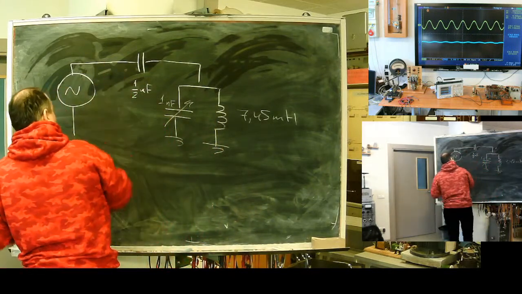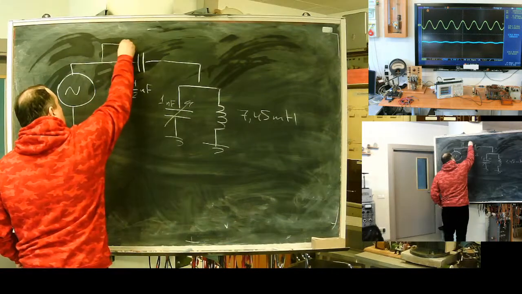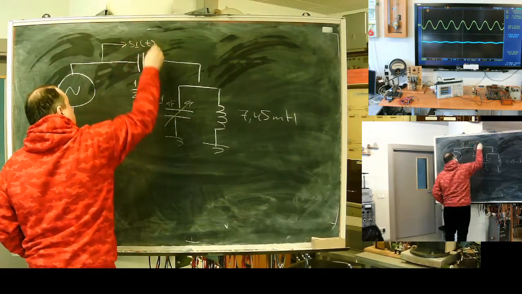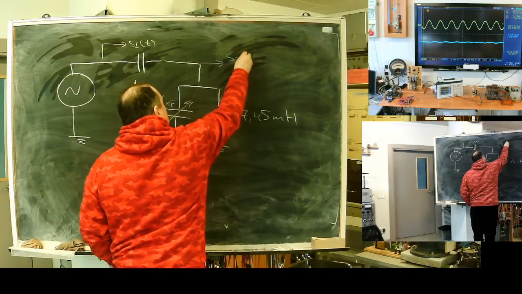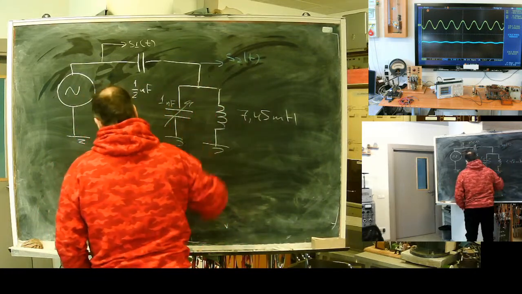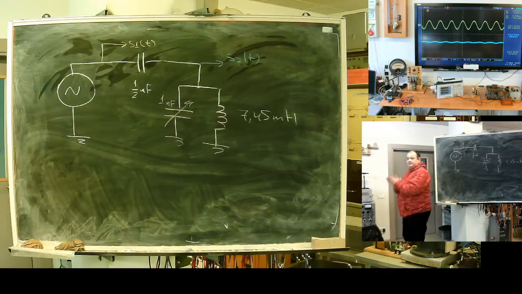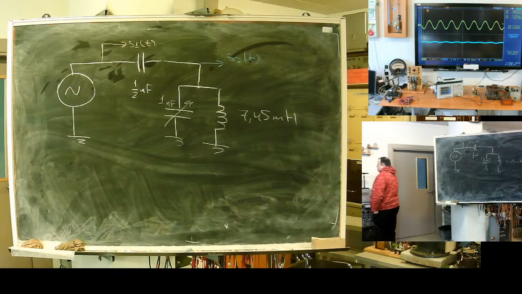I have here the yellow signal taken here, and the blue line from the coil and capacitor junction point. Yellow line, blue line, capacitor, coil, first capacitor, and signal source.